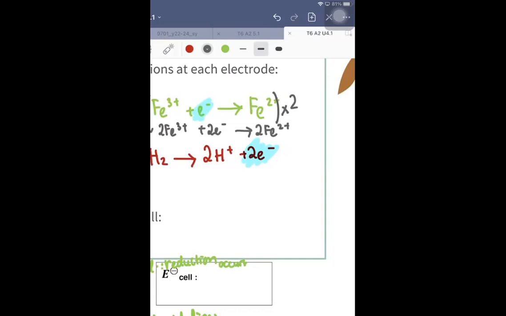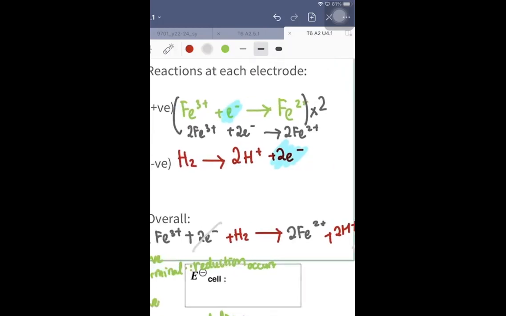Okay, combining them both, it would be 2Fe3+ plus 2 electrons plus H2 to form 2Fe2+ plus 2H+ plus 2 electrons. So again, the electrons nicely cancel out, so you can tidy up your equation.